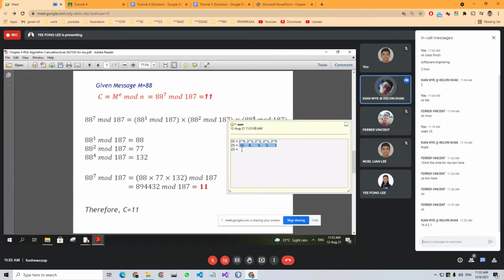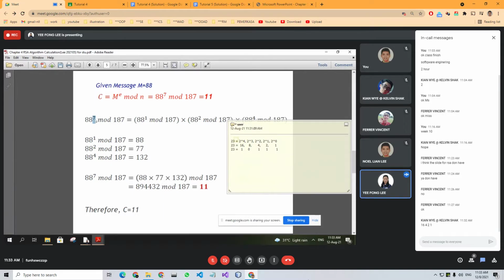Just 16, 4, 2, 1. So the binary is 1, 0, 1, 1, 1. So instead of putting power of 23, when at the power of 23 we can't find it using a calculator, the number is too large.